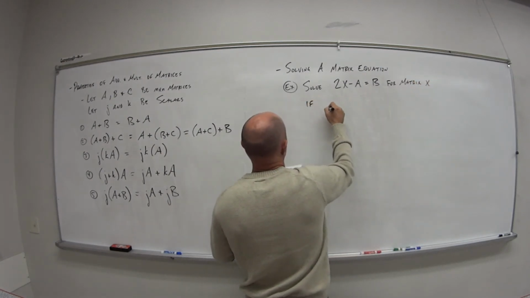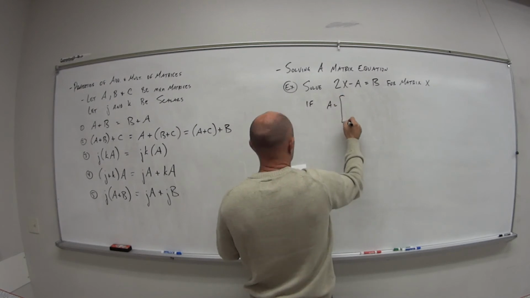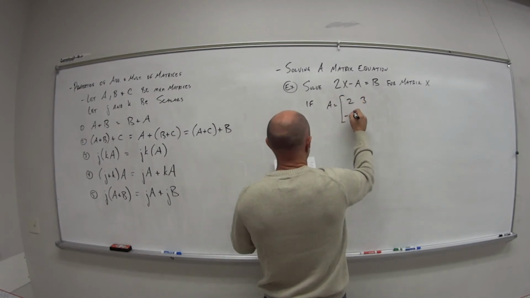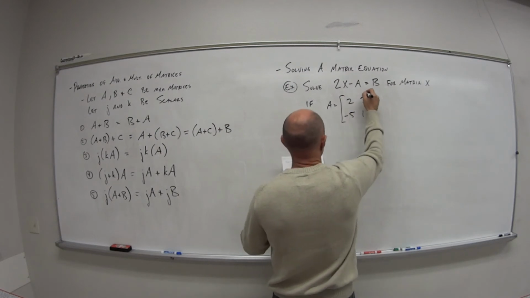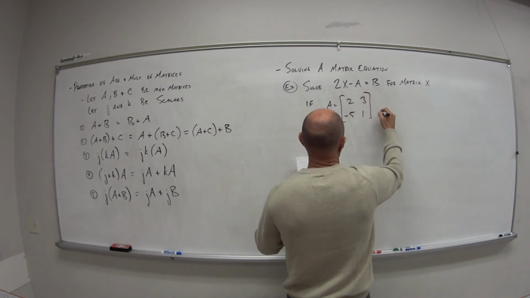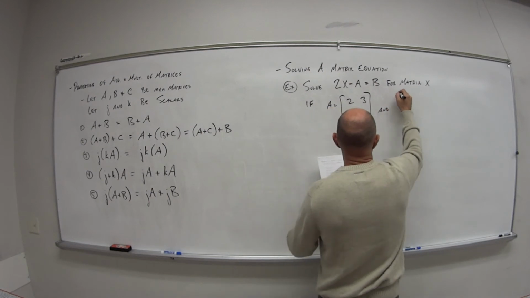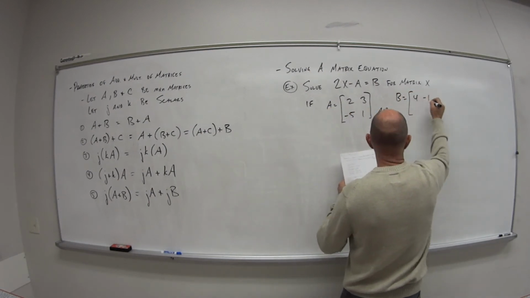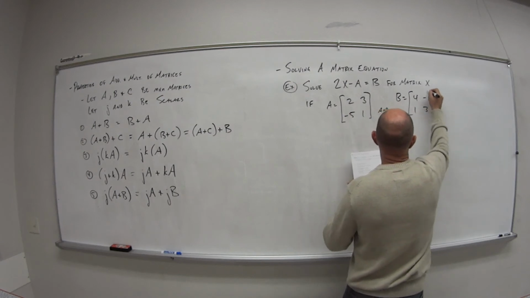If my A matrix is 2, 3, negative 5, 1, and B is 4, negative 1, 1, 3.